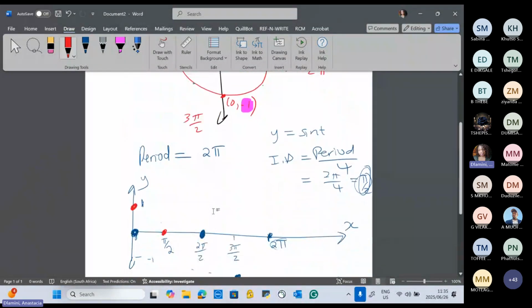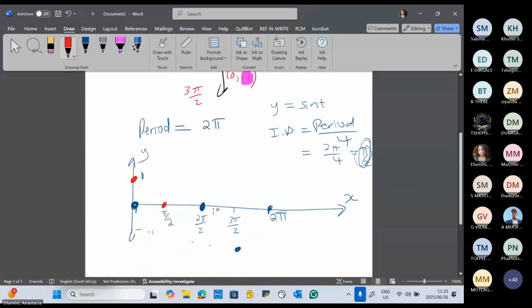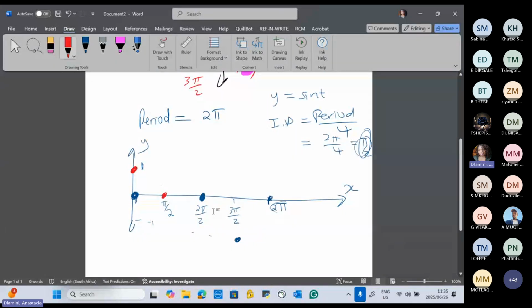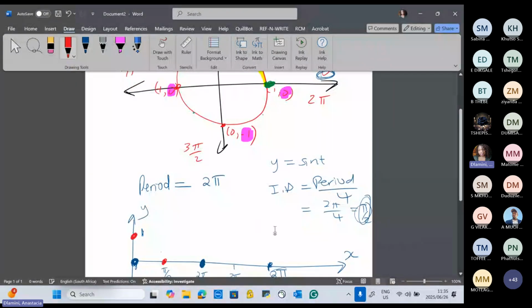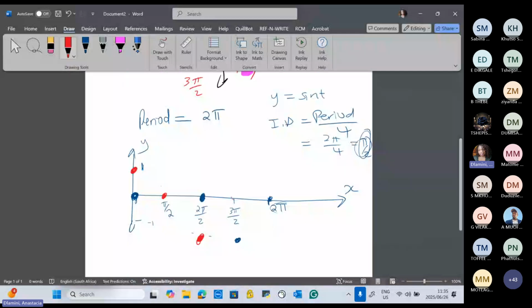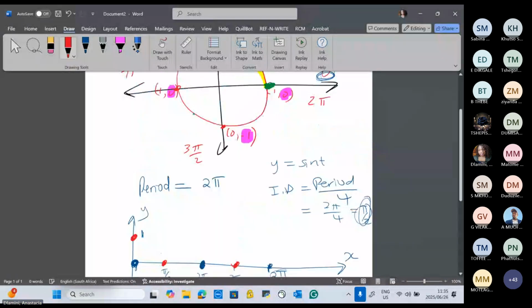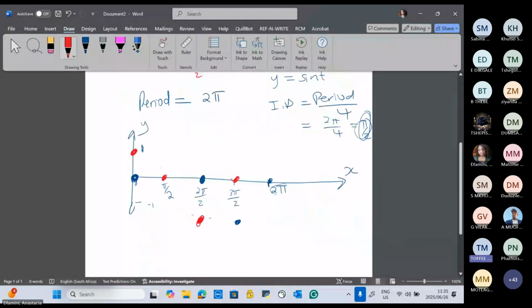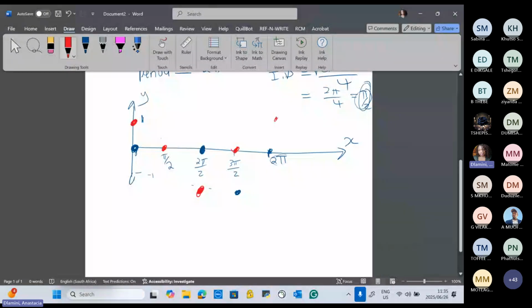Then at 3 pi over 2, 0. We know that's here. And then at 2 pi, what is it? 1, here. And that is our cos function. Do you see how we draw cos and sine?